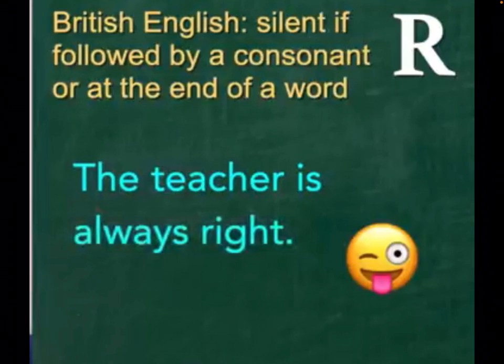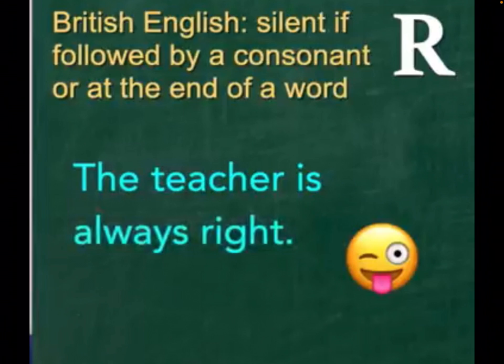However, if the following word starts with a vowel sound, we normally pronounce the R in British English as well. For example, if we put "is" after teacher, it becomes "the teacher is".